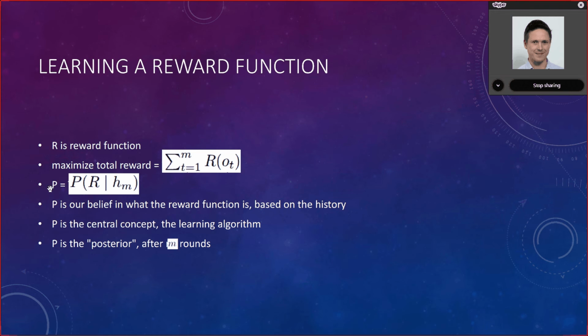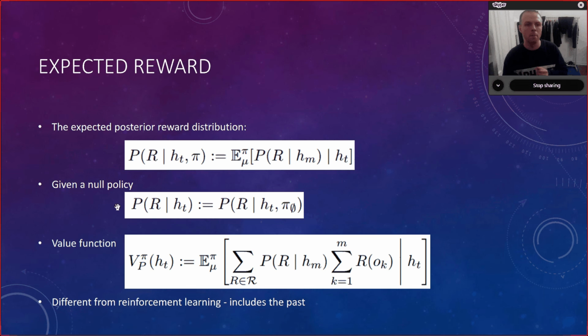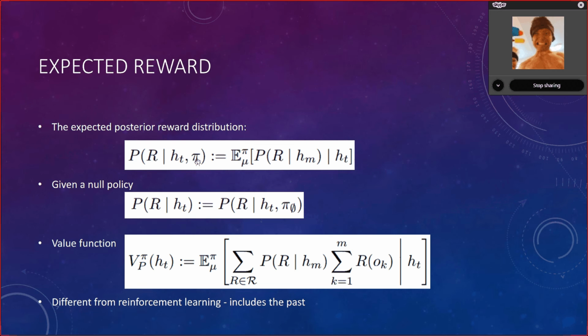In ordinary reward machine learning, we care a lot about getting as good a solution as possible. But here, the knowledge about the reward function, or belief about the reward function, is key. So we can just say what our belief in a reward function is, given a particular policy pi.